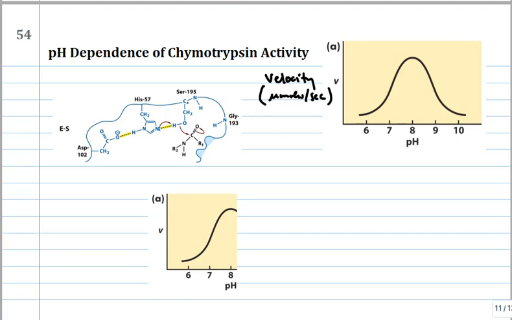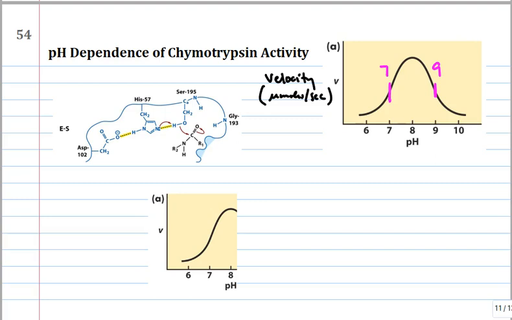Well, it's the midpoint of the curves. So if we go here, then this one is right about 7. So something with a pKa ballpark 7 is involved. And then as we go over here, the midpoint of the other curve going down, something has a pKa of about 9.